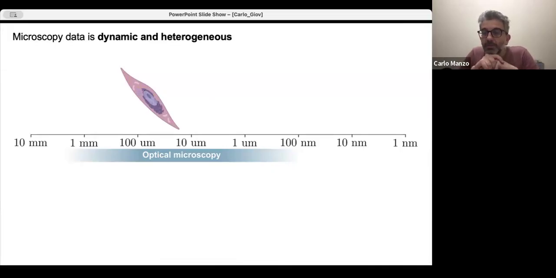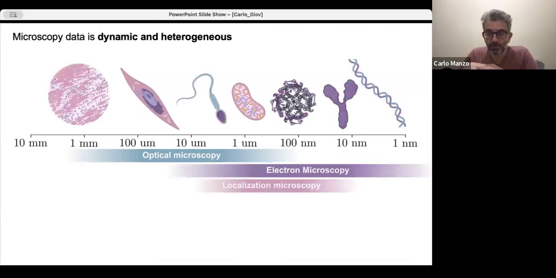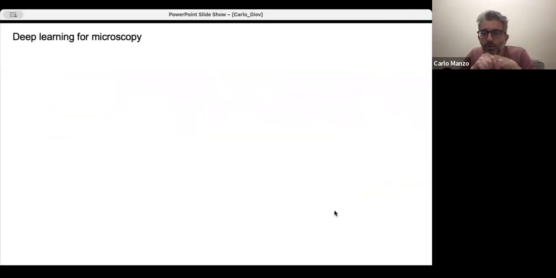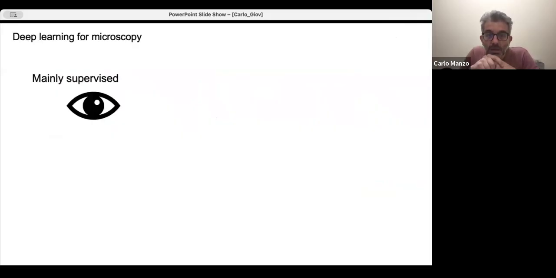On top of that, if we don't limit ourselves to simple optical microscopy, but include other techniques like electron microscopy, localization microscopy, and so on, or fluorescence microscopy, we expand even further this range of spatial and temporal scale. And if we want to apply AI to these methods to improve their quantification, as Giovanni was saying before, we have several limitations.